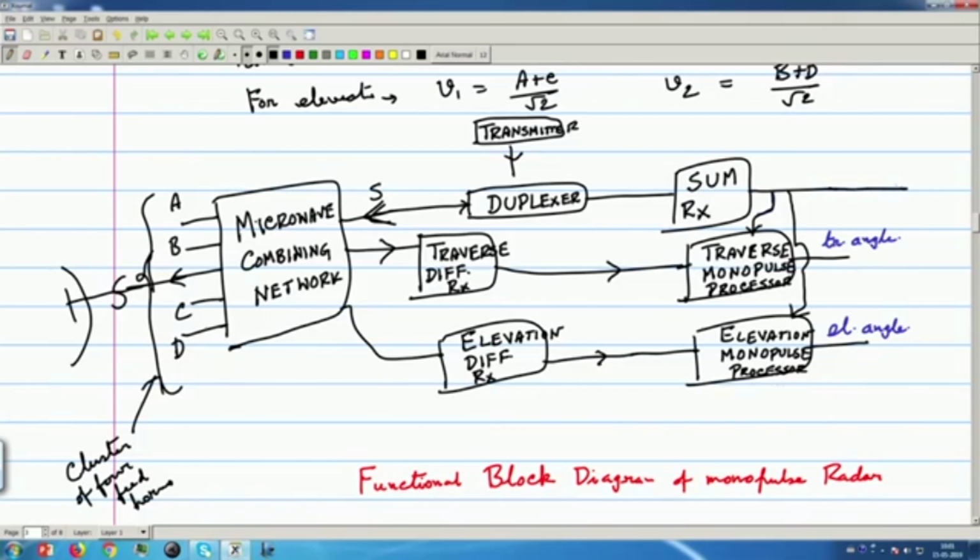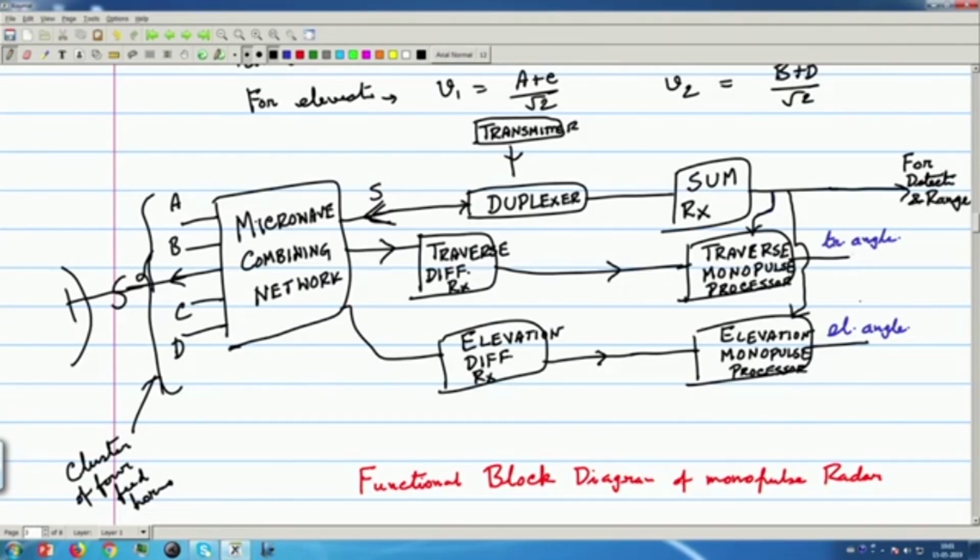And the sum receiver output, after the angular thing is detected, goes for detection and range, etc. Those things are performed.